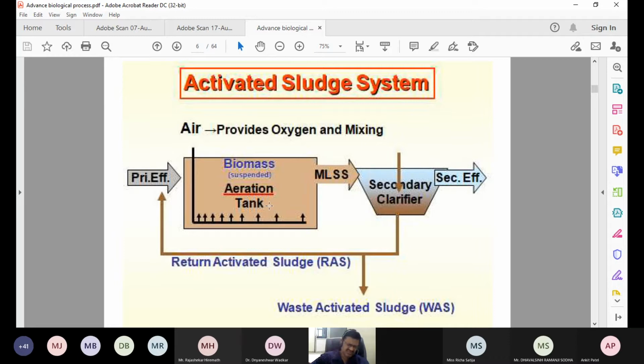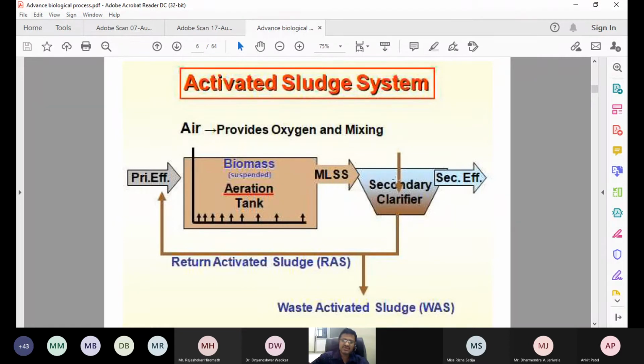In an ETP, effluent treatment plant or sewage treatment plant, the main cost involved is due to this aeration. The compressors and blowers running day and night consume more electricity.